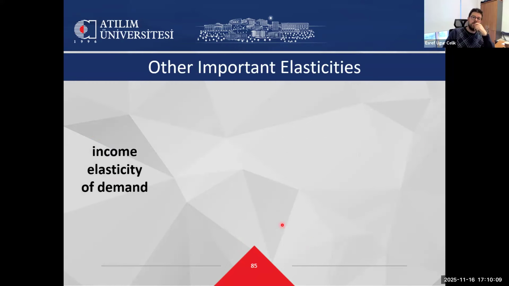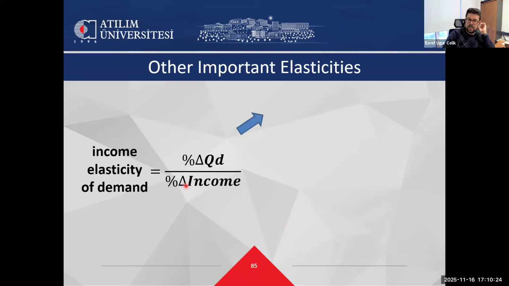Two more types of elasticity. The first one is price elasticity of demand. The second one is income elasticity of demand. That means that when we increase or decrease the income level, how do they react in the quantity demanded part.